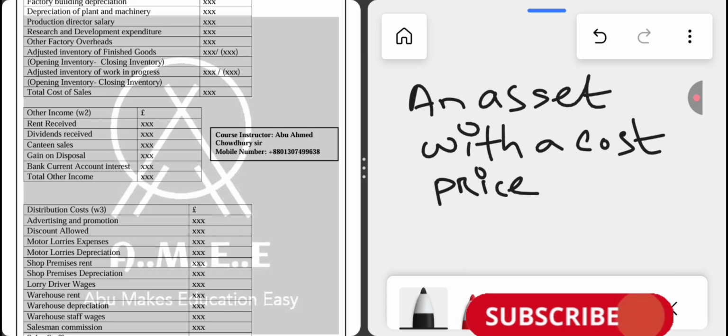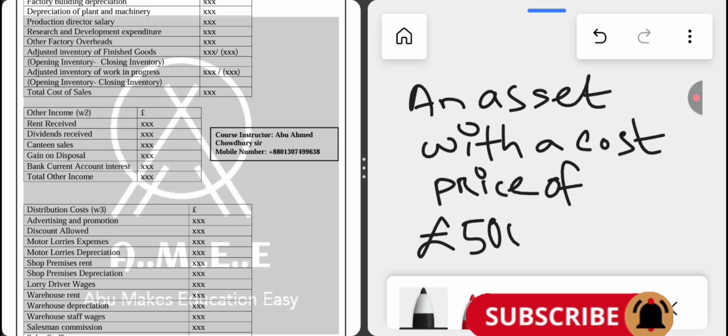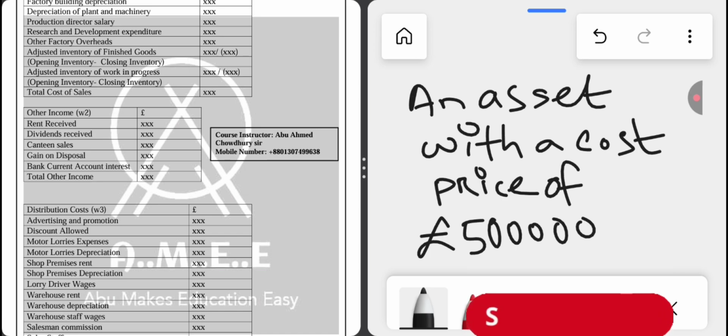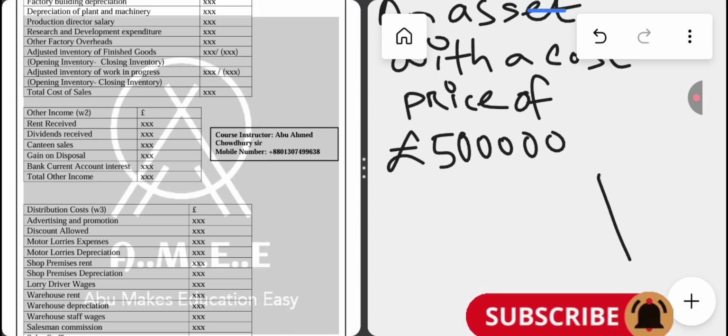We know that gain and loss occur only for non-current assets. So take an asset with a cost price of, suppose, 500,000 pounds, meaning 5 lakh pounds.